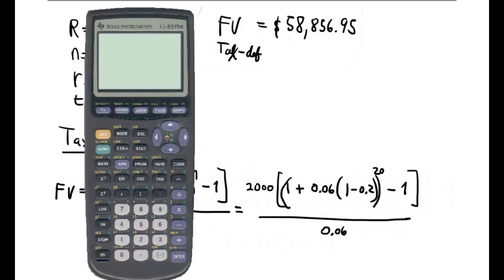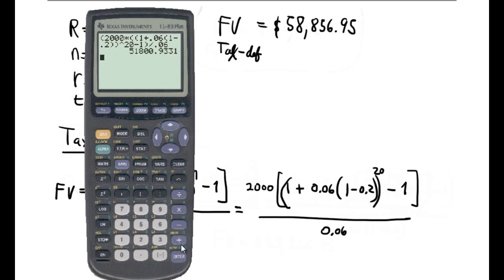Let's use the calculator: open parenthesis, 2,000 times open parenthesis, double parenthesis, 1 plus 0.06 times parenthesis 1 minus 0.2 close, power 20, minus 1, close the parenthesis, divided by 0.06.